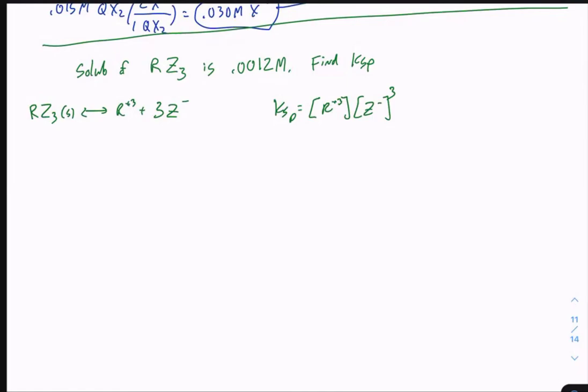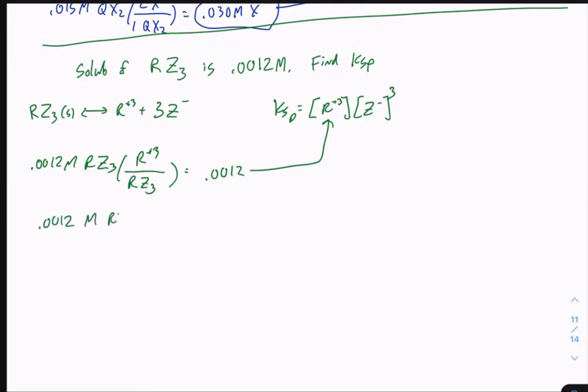I have to figure out what to put in these brackets. I know there's 0.0012 molar RZ3, and for every RZ3, there is one R, so this concentration is still 0.0012. But for the Z, for every RZ3 there are going to be three Z's, which is 0.0036.